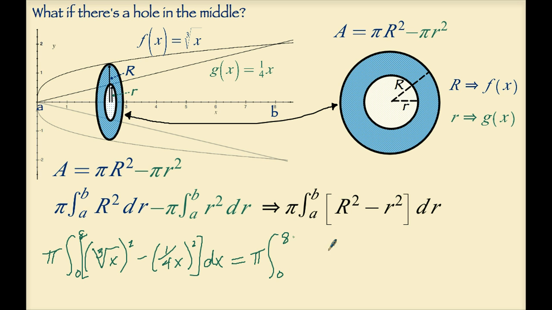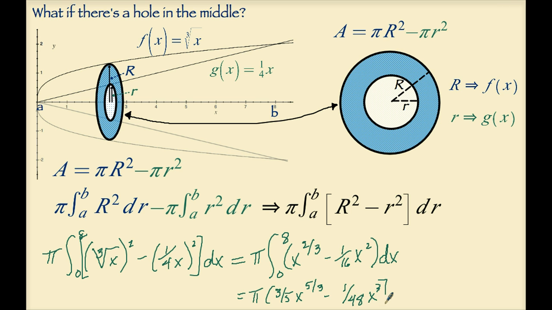From 0 to 8, this becomes x to the 2/3 minus 1/16 x squared dx. And when we integrate, we'll have pi times 3/5 x to the 5/3 minus 1 over 48 x cubed, evaluated from 0 to 8. This becomes 128 over 15 pi cubic units.